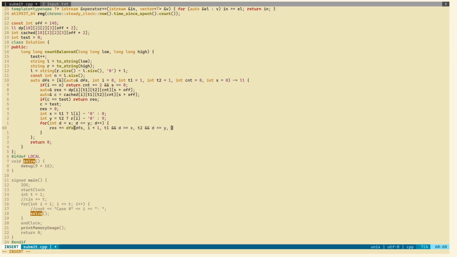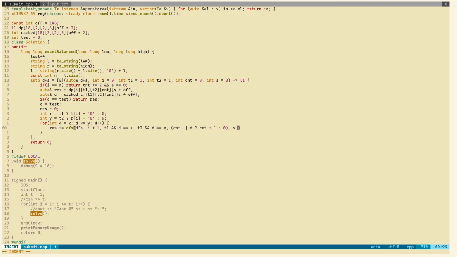What is count? Count is going to be count or D, if one of them is true. What is it? Count or D? Count plus 1 or 0.